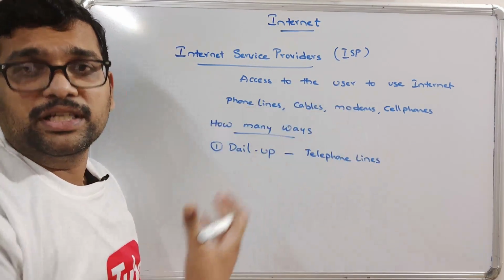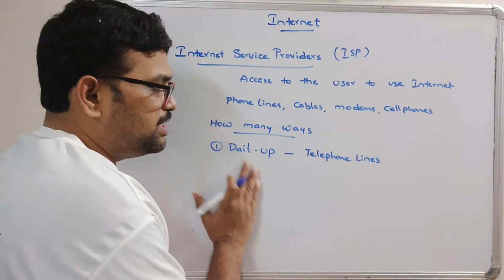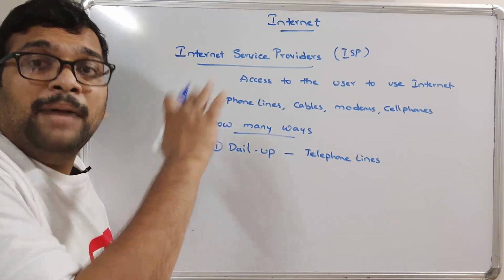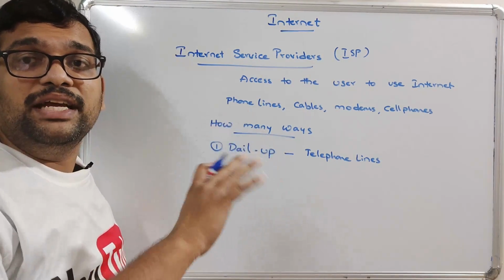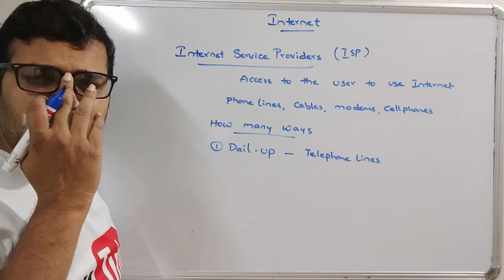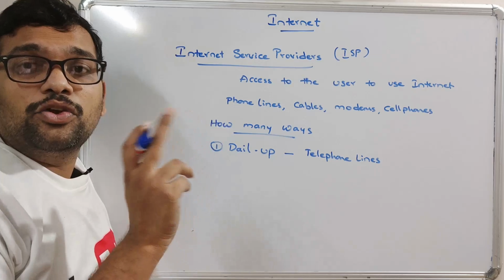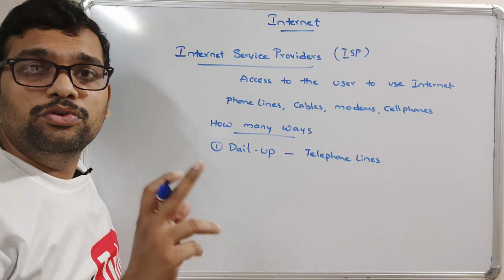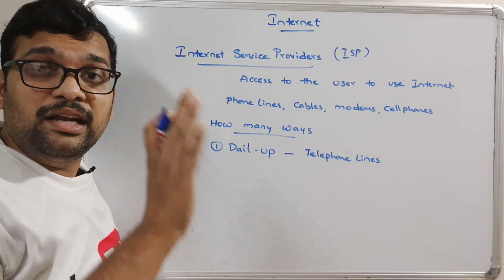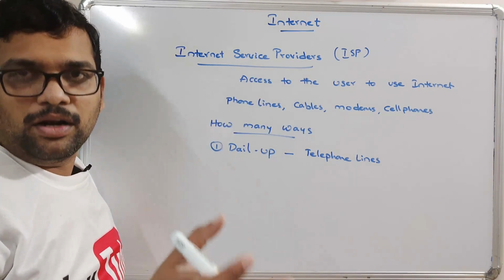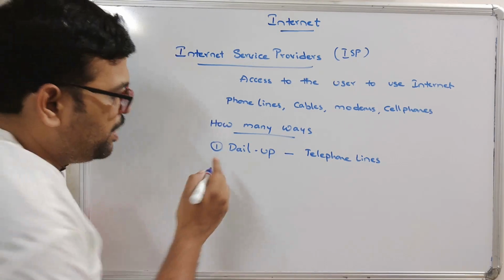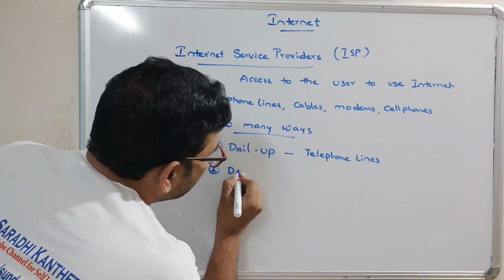So unless you have multiple telephone lines, you can't use the internet and the telephone at a time. If you have only one telephone line, you can use the internet only a single time. That means you can use either the internet or the telephone, but not both, unless you get multiple telephone lines. And the second one is DSL.